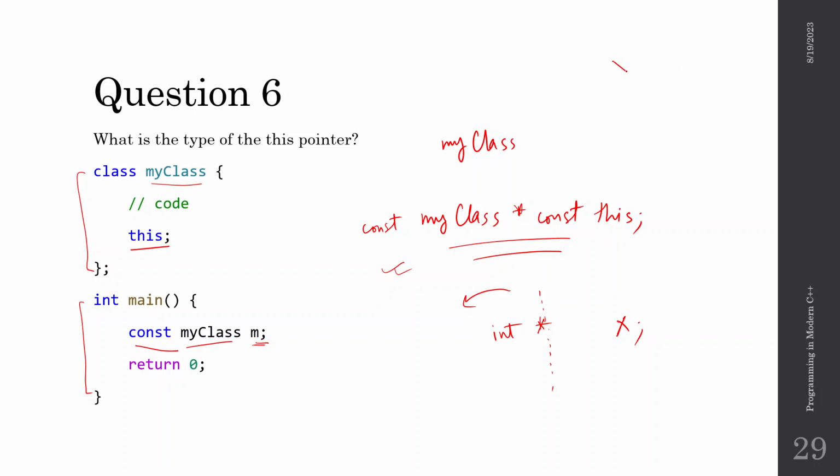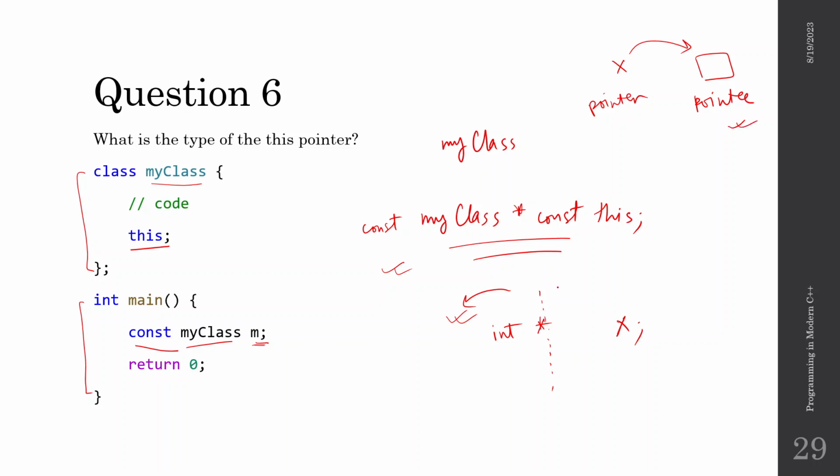So you have x which is pointing to some object. This is your pointer and this is your pointee. If you have a const on the left side of the star, it means that the pointee is constant.